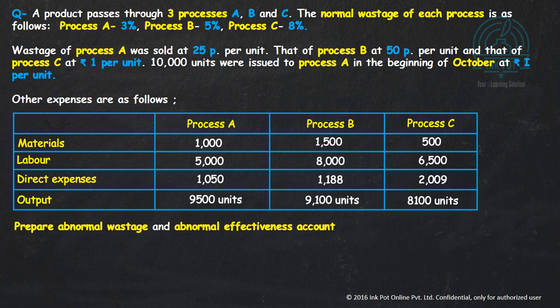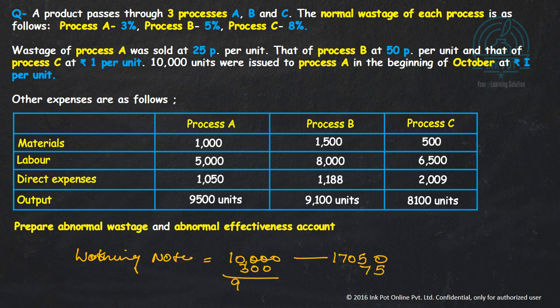So working note: the value of 10,000 units is 17050, right? Out of which 300 units are lost and the value is 75 rupees. So the net cost of 9700 units.